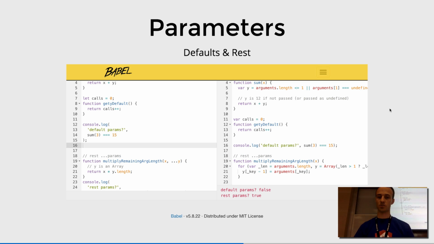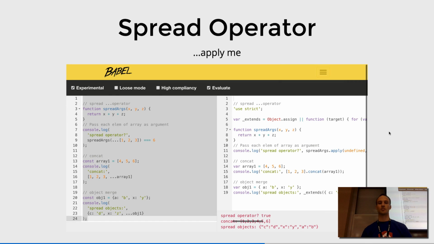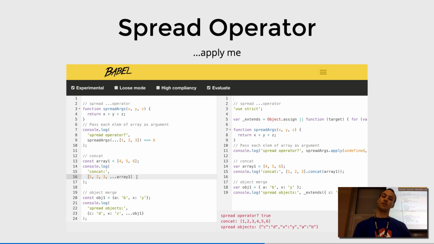Then the next subject, which is actually sort of related, because it helps you call into functions, makes it a lot easier to call functions with an arbitrary number of arguments without having to do .call or .apply, which is really handy. And it allows you to do a lot of other things. So it's the spread operator, and here we have the spread args.